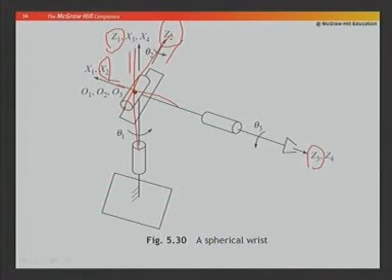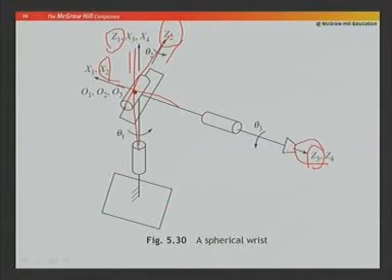The common perpendicular between Z2 and Z3, which is sitting here, should be x3. Okay.